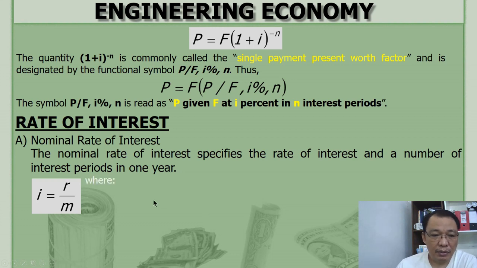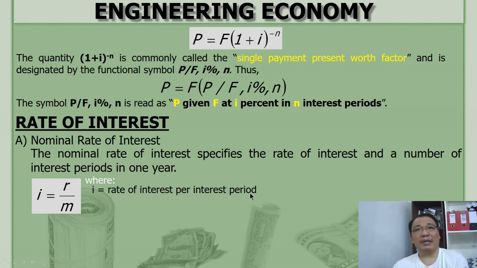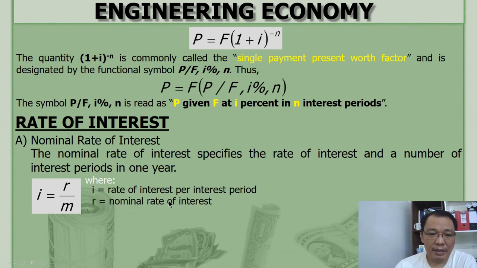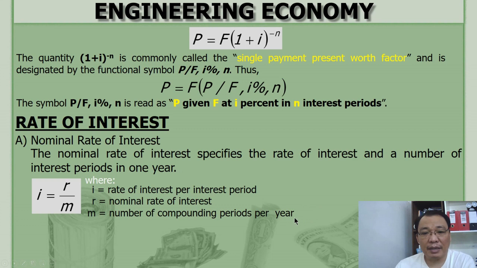Where i is the rate of interest per interest period. It is not only once in 1 year. It depends. So, i is the rate of interest per interest period, r is the nominal rate of interest, and m is the number of compounding periods per year.